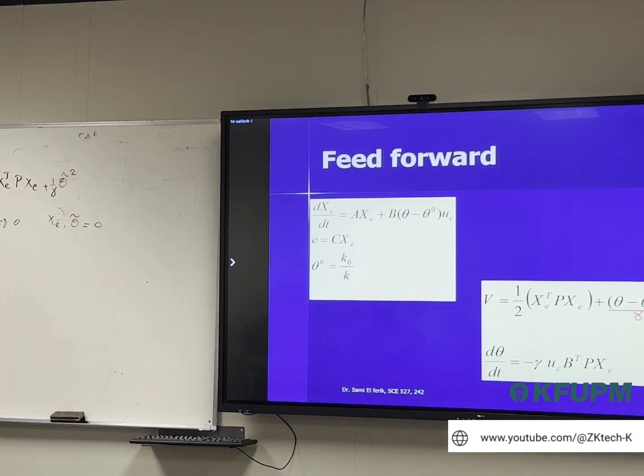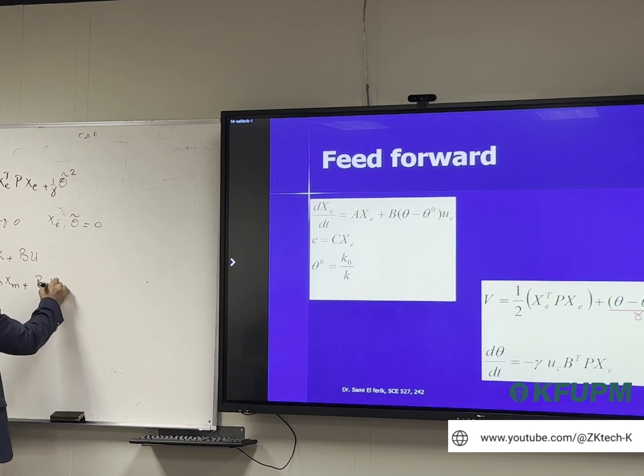But here, so what is xe? xe is the error between the system and the model. That's a good question. So basically we had x prime equal to A multiplied by x plus B multiplied by u. And then we have xm prime, my reference model, equal to Am xm plus, what we call it, Bm times the reference.